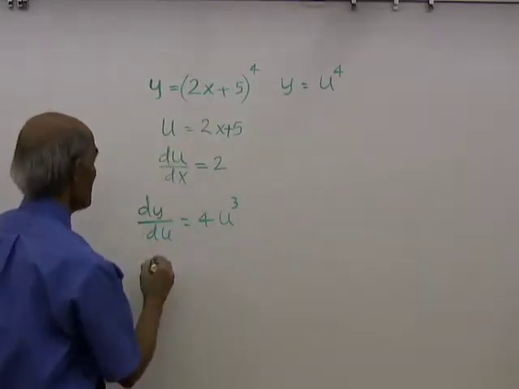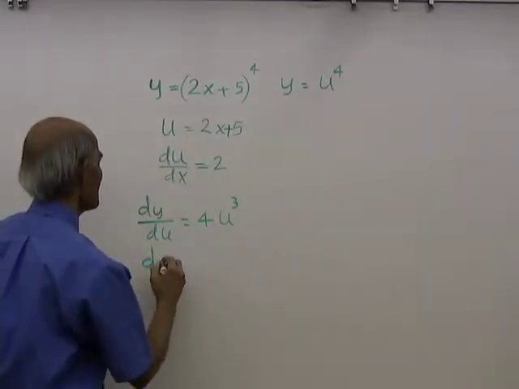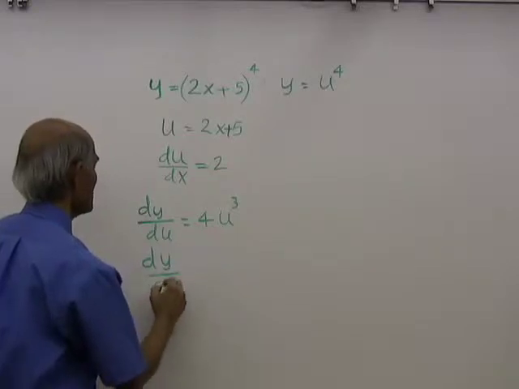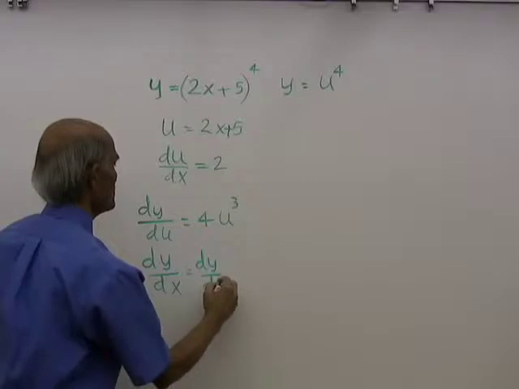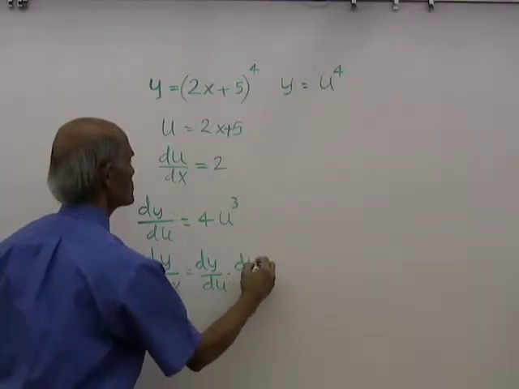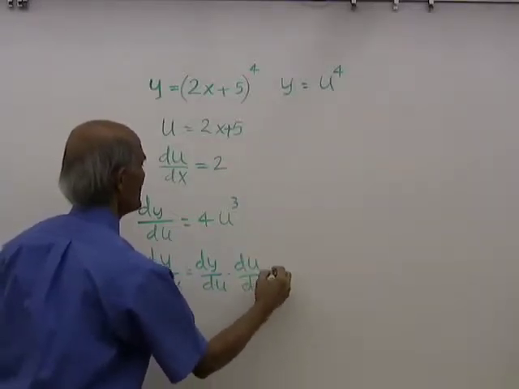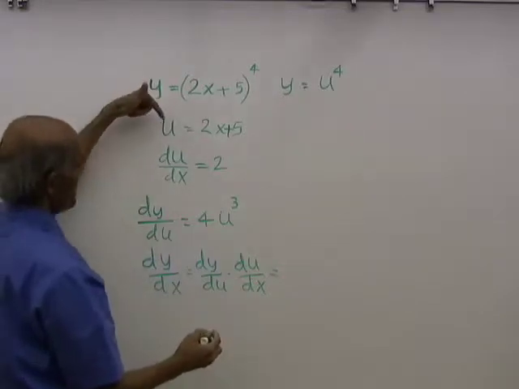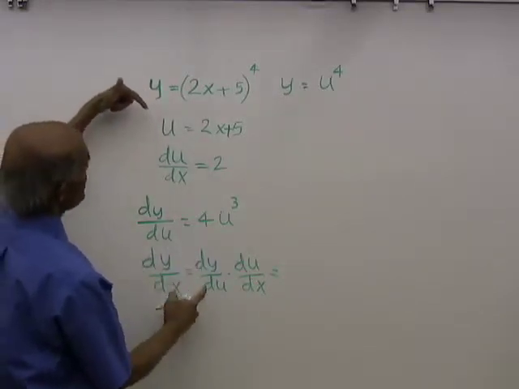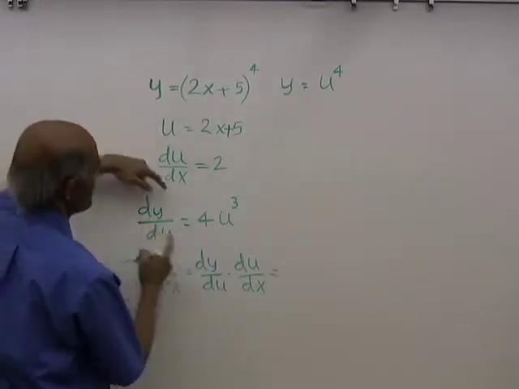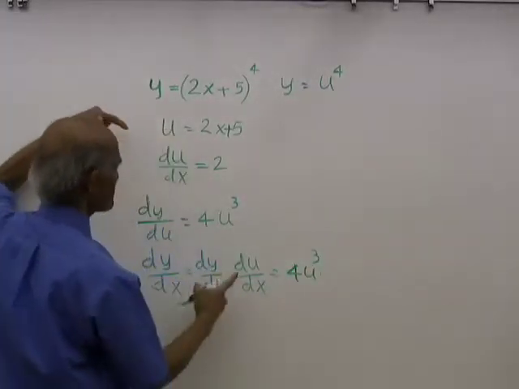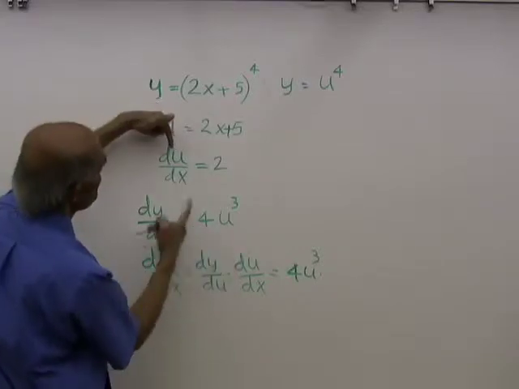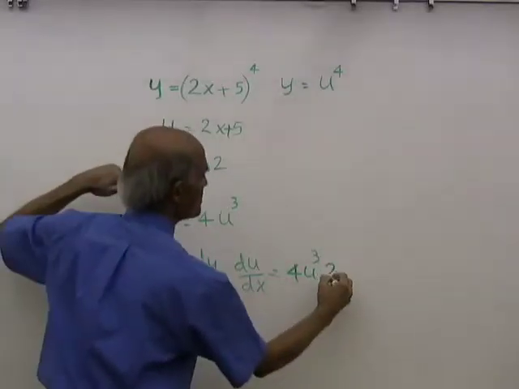And we combined all together, we said dy by dx equal to dy by du times du by dx. What is dy by du? 4u cube, times du by dx, which is 2.